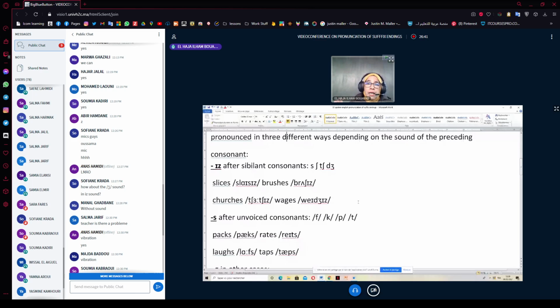So the S is pronounced in three ways to summarize. Either it is pronounced as iz, and here it is after sibilants, or sounds that make noise, or a hissing sound, like s, ch, sh, j, or it is pronounced as s when preceded by voiceless sounds or consonants, or it may be pronounced as z when it is preceded by voiced sounds.